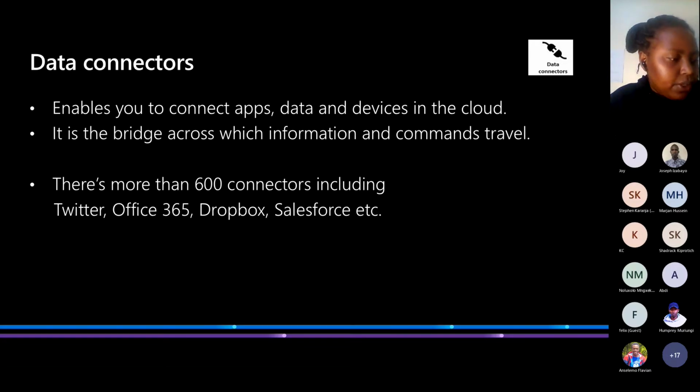There are more than 600 connectors for Microsoft Power Platform, enabling all your data and actions to connect cohesively. Some popular connectors, as you can see, are Twitter, Office 365, Dropbox, Salesforce, and so on.